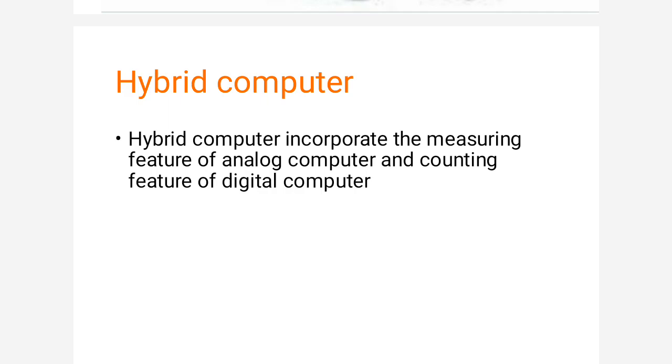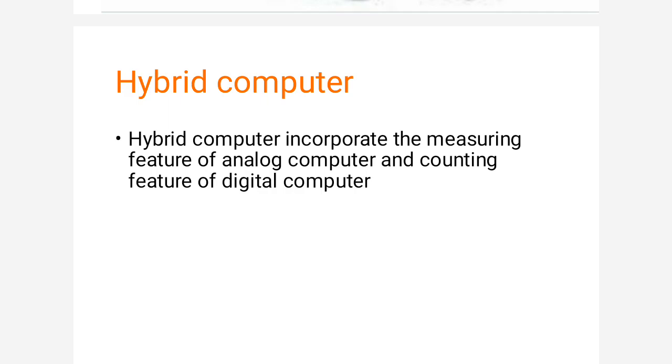Those are the physical quantities. Those physical quantities are measured by the analog part of the computer, and then it's going to perform surgery. That precise surgery is performed using the digital feature of the computer. So it is a combination of analog as well as digital computer.